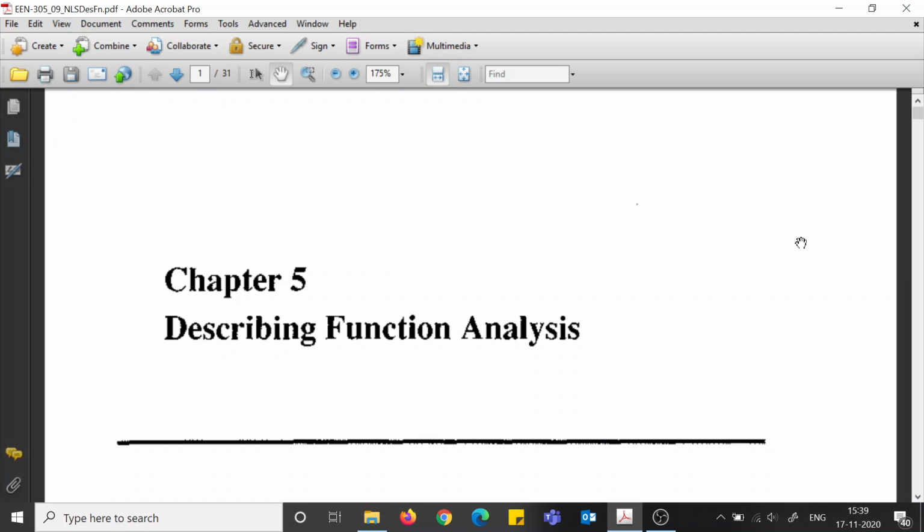More or less it will come nearby only. So you should understand how to actually evaluate describing functions and how to predict the stability of the limit cycle using the describing function method.